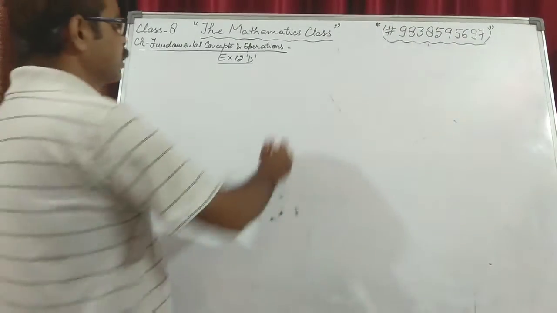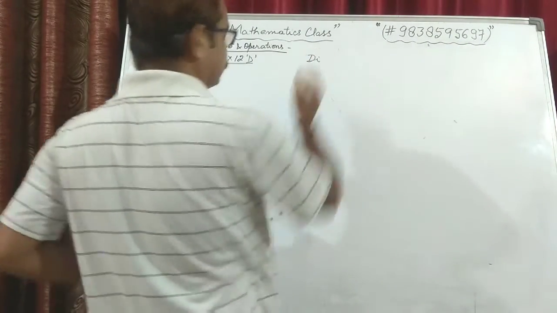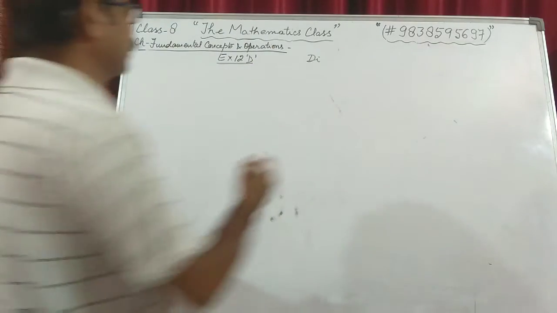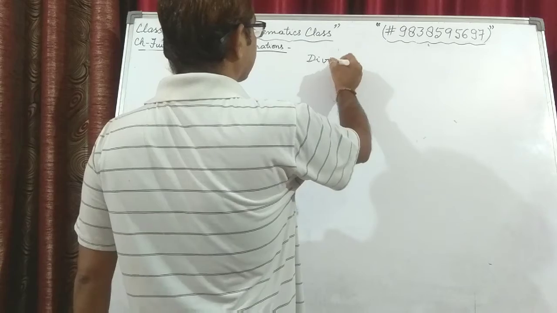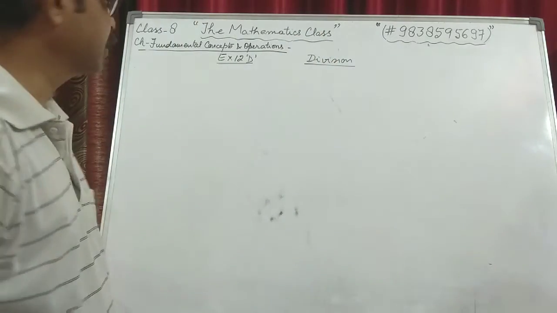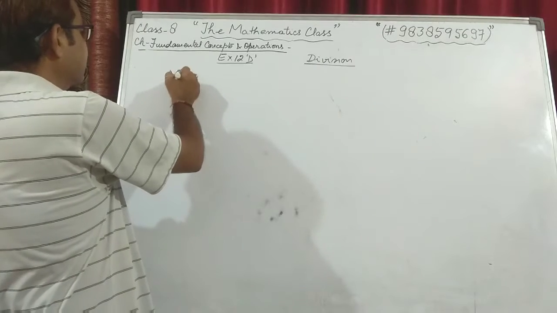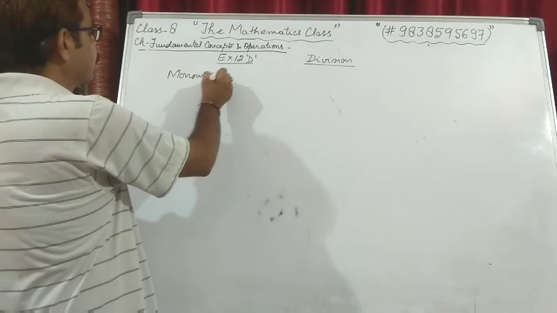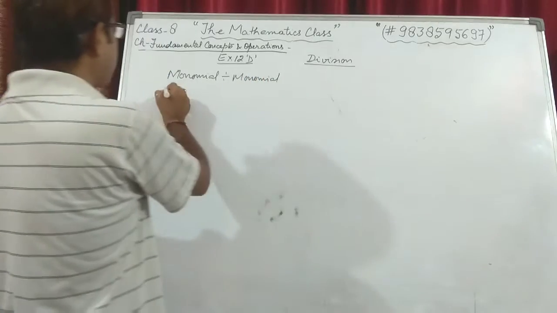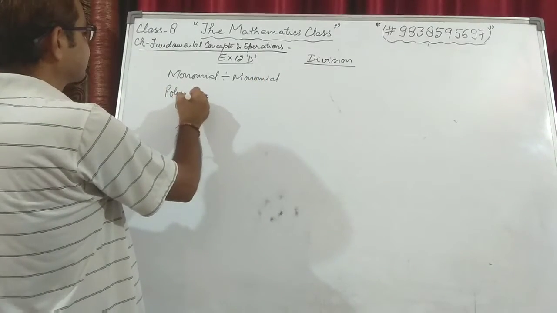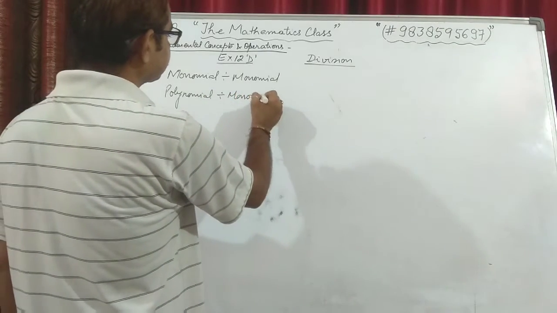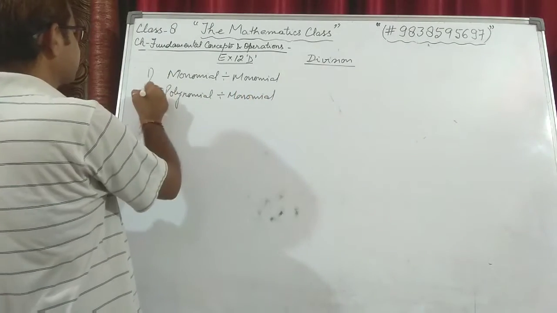Now the next topic is division of polynomials. In division of polynomials, there are three things you need to remember. A monomial divided by a monomial, or a polynomial divided by a monomial, and this is first, second and third.